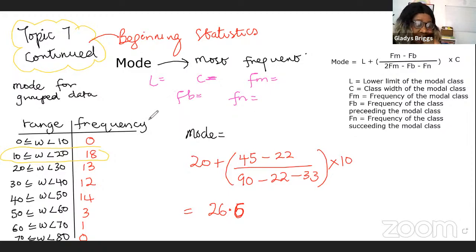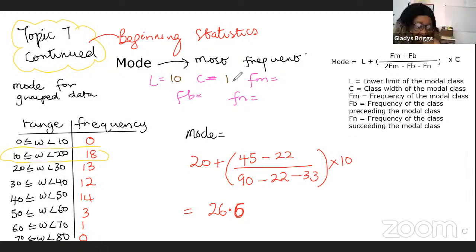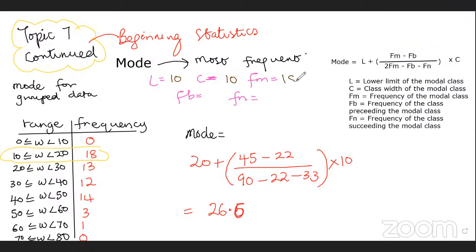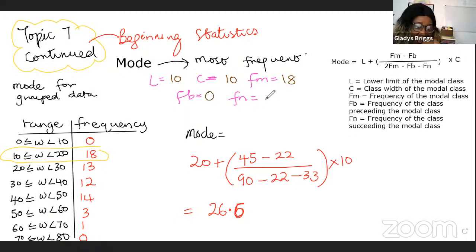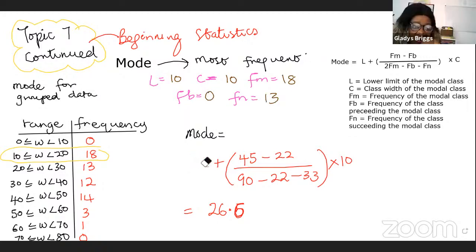So the lower limit is 10. Class width is 10, the frequency of the modal class is 18, the frequency before is 0, and the frequency after is 13. So let's put the information into our formula. I think that is 10 as well.